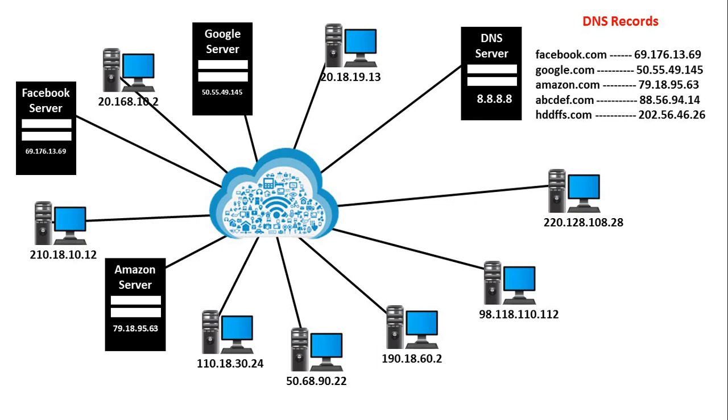Now the DNS server sends the response to the client, and the client system comes to know the IP address of facebook.com. After knowing the IP address, the client system will automatically send the request to the Facebook server through the IP address, right? It is the role of the DNS server to remember all the public IP addresses through which devices can be accessed over the network by using the domain name.